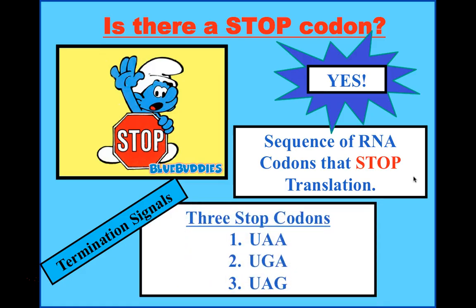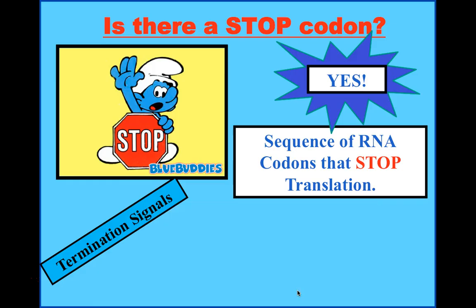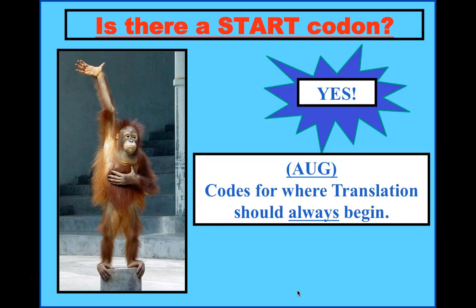And there are a couple stop codons. There are 3 of them. So it could either see UAA, UGA, or UAG. You don't need all of them, you just need one of them. So you have to start, and I'm going to go back to this one just so you can see it again, you have to start the message with AUG.